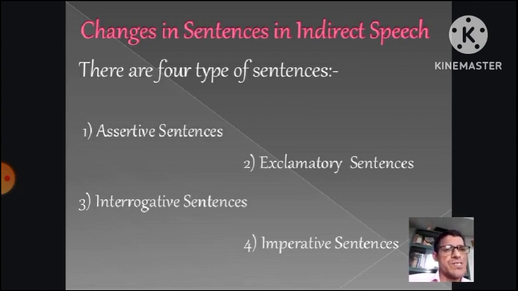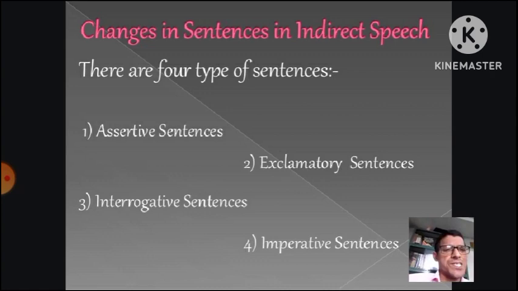Whenever changing the sentence from direct to indirect, we should keep in mind that there are basically four types of sentences. Though I hope you have studied five types of sentences, here I'm talking about four types, and these four types are assertive sentence, which is also called declarative sentence.